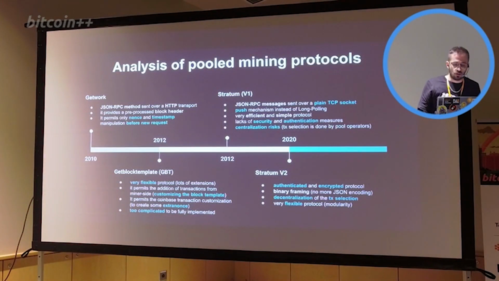So yeah, a little bit of history. Why do we mine on pools? There's variance, there's luck. So miners need to pay the bills, so they pool their hash rate together. Back in 2010, this already started happening, so they introduced getwork JSON-RPC. Very limited.